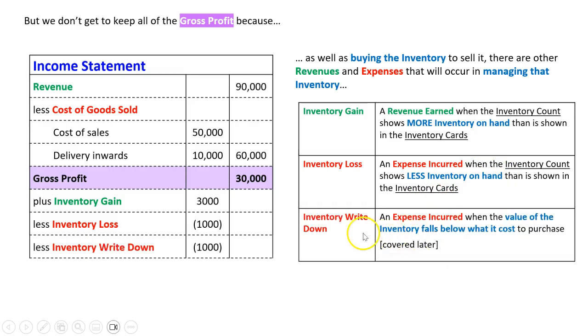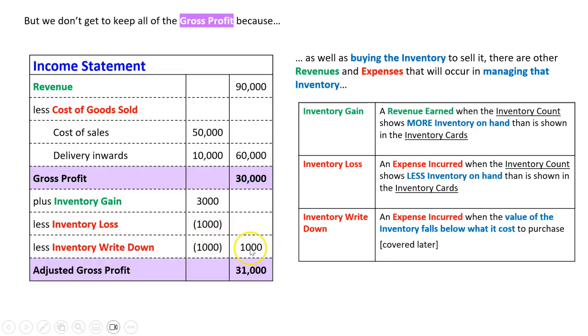We'll also have something called inventory write-down. I'm not going to talk about that now because that will be in a couple of lessons' time. So we'll just say that will go in there when we do get to it. And we'll add all that up, and you can see there's a gain of $3,000 and two losses of $1,000. So that equals a net result of $1,000, and that will give us adjusted gross profit. So the gross profit plus or minus inventory gain, loss, and write down.